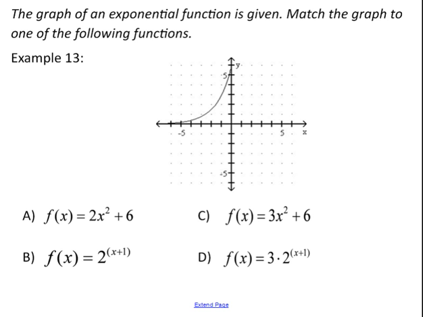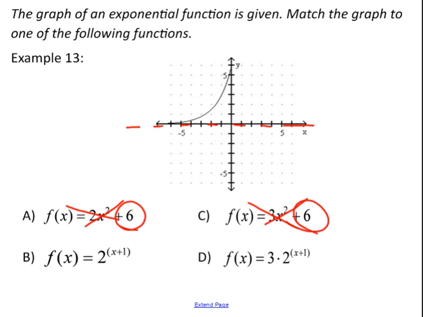All right, let's look at example 13. You notice it has an asymptote. We're getting closer and closer to the x-axis. So we can rule out these two automatically. Well, there's actually another reason why we can rule those out. But the biggest reason is the +6. +6 would indicate we would have moved it up 6 units.